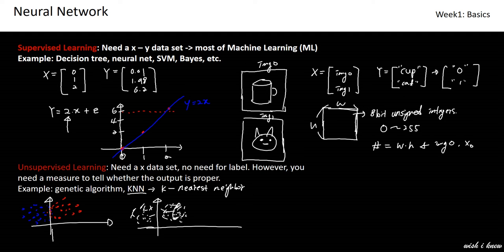Since there's no label, we call this grouping problem a clustering problem. If there was a label like this, then it becomes supervised learning, and we call it a classification problem. We have labels here, but since we don't have labels, we call it a clustering problem. And k nearest neighbor is one of them.